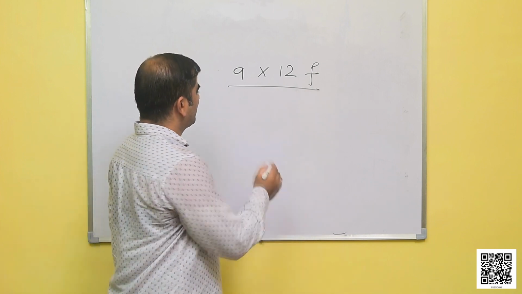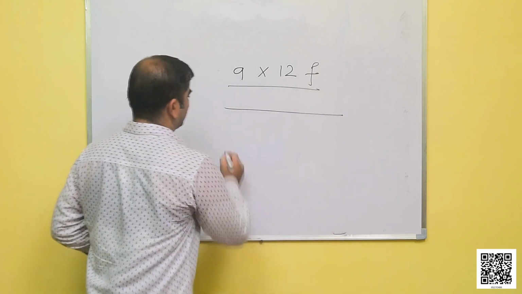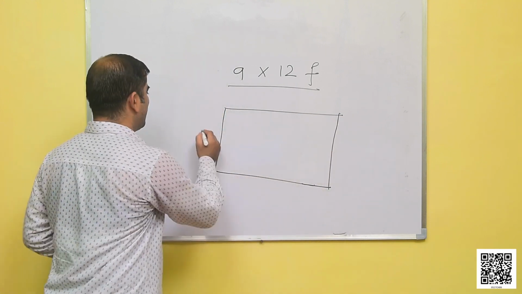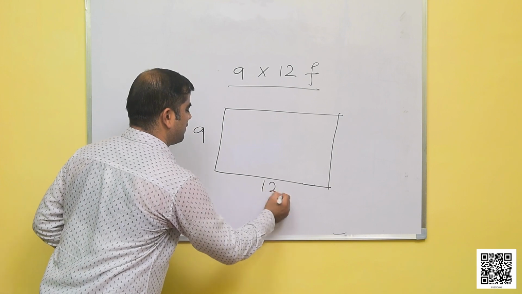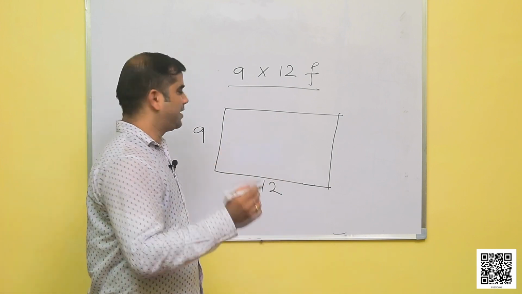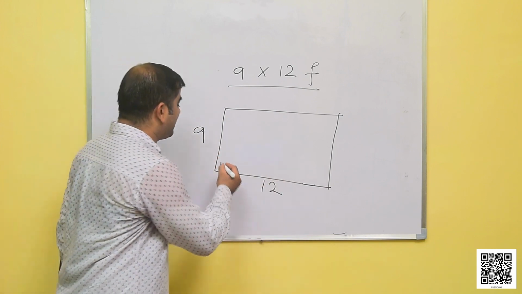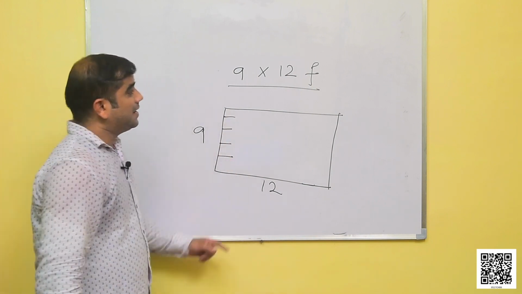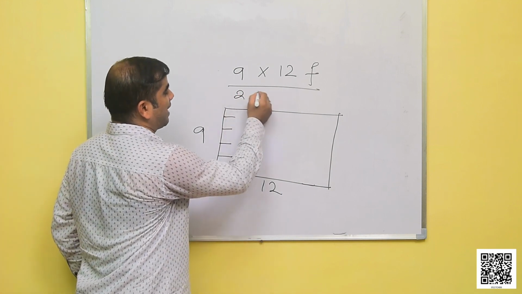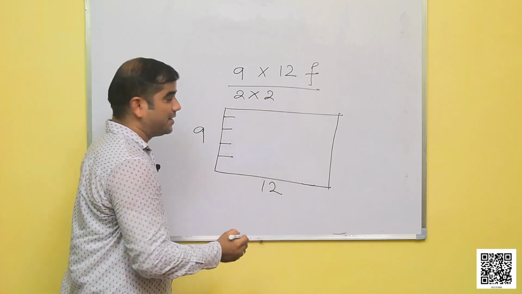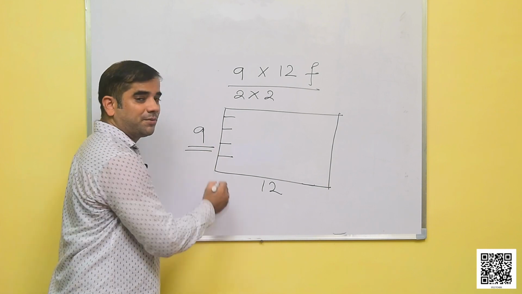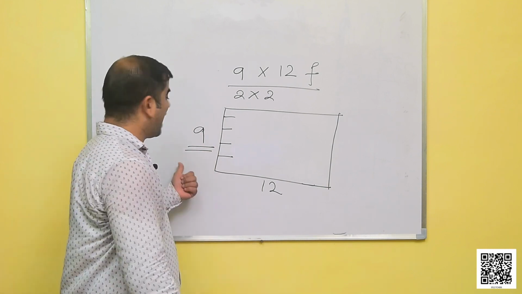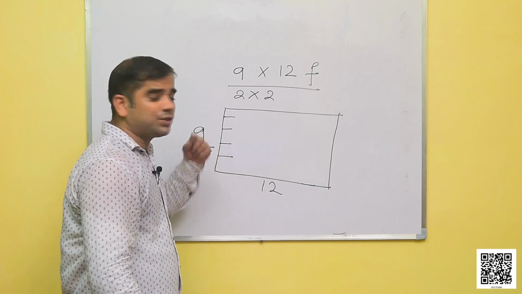Okay. So this is the floor, 9 and 12 feet. Think about it. If I lay the tiles like this, if I take the tile of dimension 2 into 2, is 9 divisible by 2? Is it in the 2's table? No. 9 doesn't lie in the 2's table.